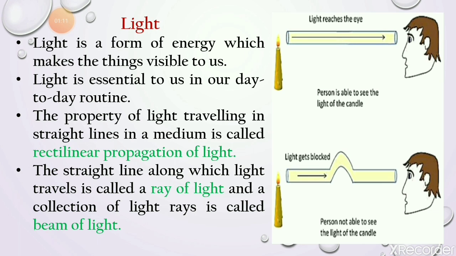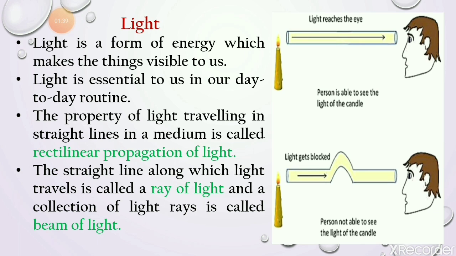You can see rectilinear propagation of light in the image given alongside. In the first image, you can see one candle and one straight pipe in front of the human eye, and in this diagram we can see that the light easily reaches the eye of the person.